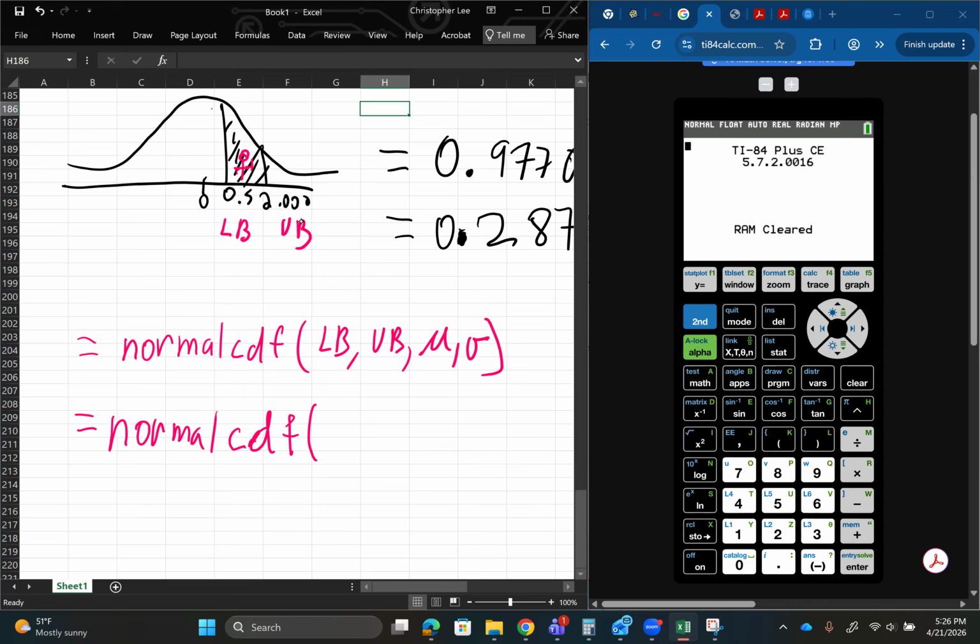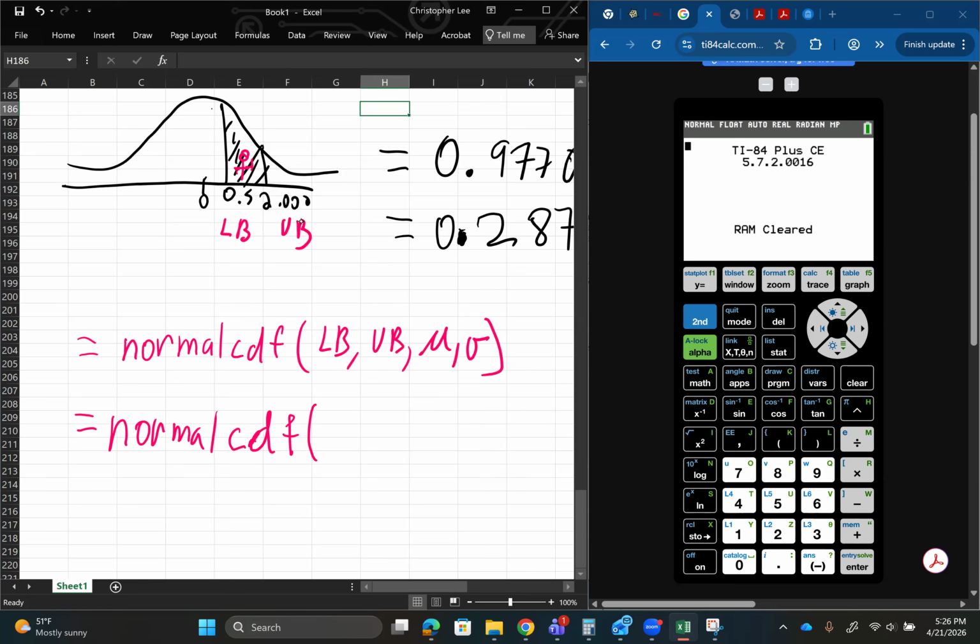That's how that works. If it's greater than, you have to put 1 minus the result. But not if you do it in the calculator. If you do it in the calculator, whatever the calculator gives you, you're good.